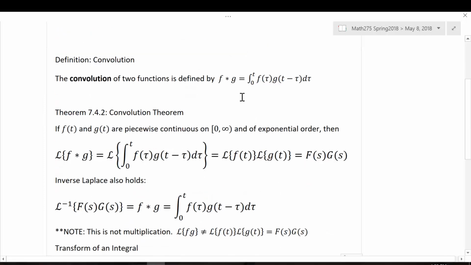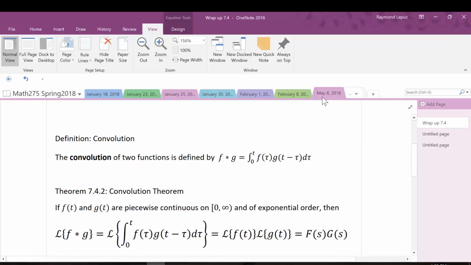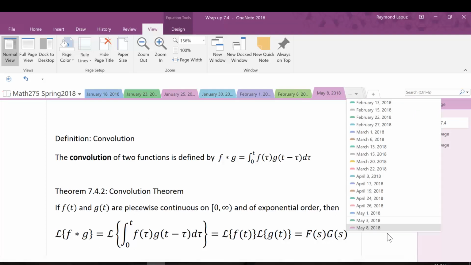We talked about the convolution, and the convolution involves an integral. If you looked at the notes, in our class last time, instead of doing the convolution, we did something else. But I said it was probably a little bit easier to do the convolution.